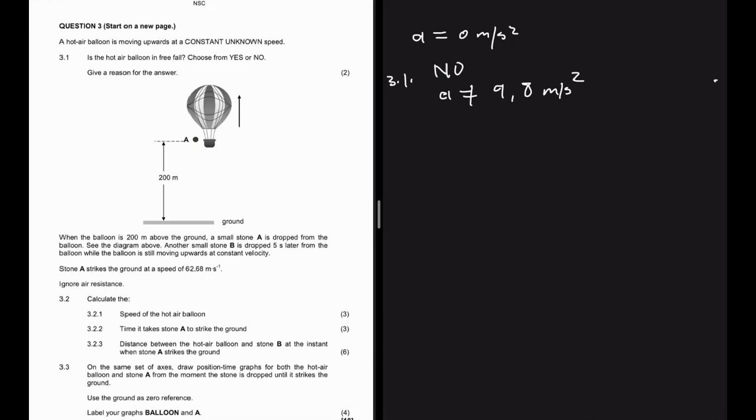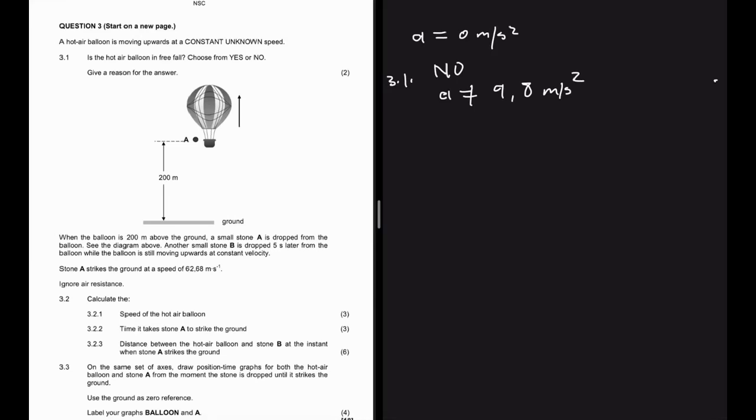And then before 3.2, there's a statement saying when the balloon is 200 meters above the ground, a small stone A is dropped from the balloon. See the diagram above, and there it is on the left hand side. Another small stone B is dropped 5 seconds later from the balloon, while the balloon is still moving upwards at constant velocity.